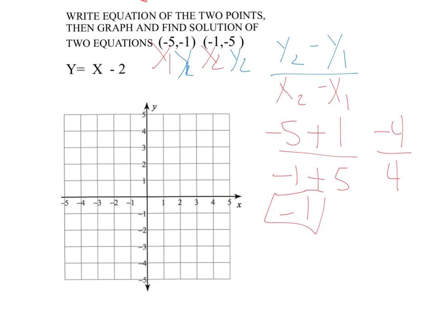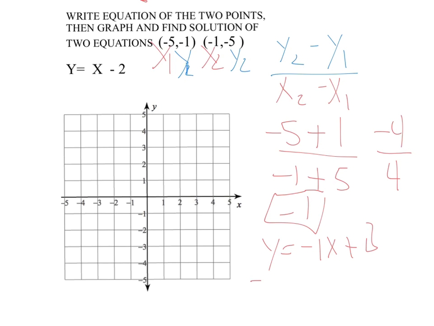So now we can write it as y equals negative 1x plus b, and then to find b, we plug in one of the two ordered pairs of the solution. So we can plug in, let's start off with negative 5, negative 1.